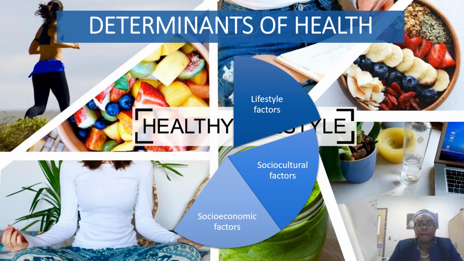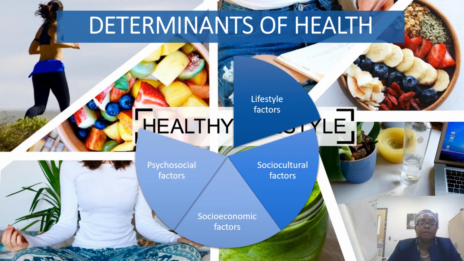Socioeconomic factors, so that has to do with things like finances, as well as education, the availability of housing to certain people groups, things of that nature. Psychosocial factors, so this has to do with your mental health and well-being, especially as it relates to communal dynamics and how you interact with other people.